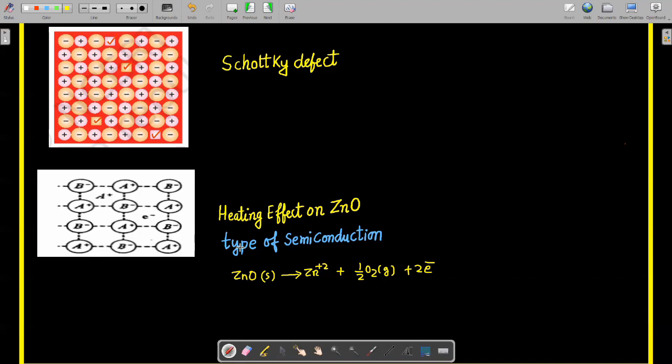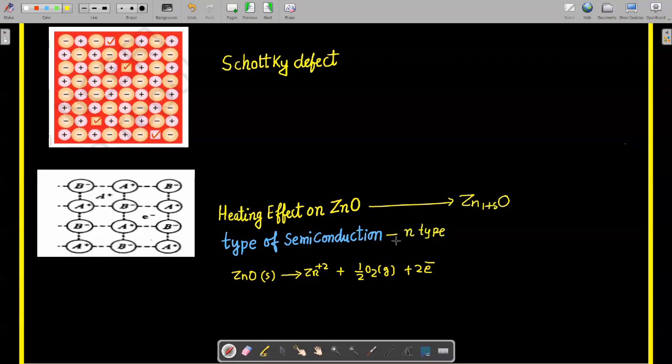Most important point regarding this is that this type of defected solid has n-type semiconduction. N-type semiconduction is observed because when oxide ion goes out, the defected solid has more zinc atoms. So I can write Zn(1+δ)O. Now the number of zinc ions is more than that of oxide, so we can say it is a metal excess defect.